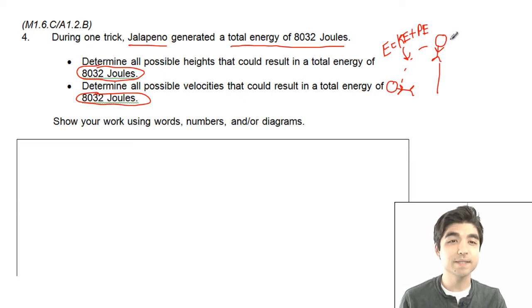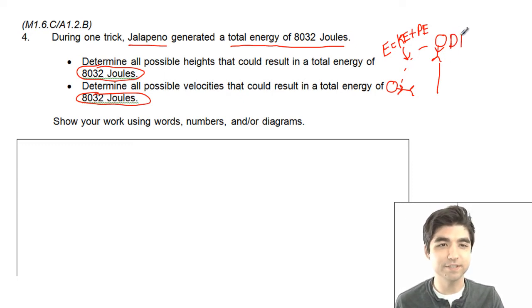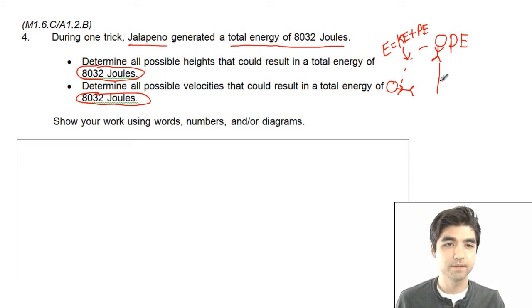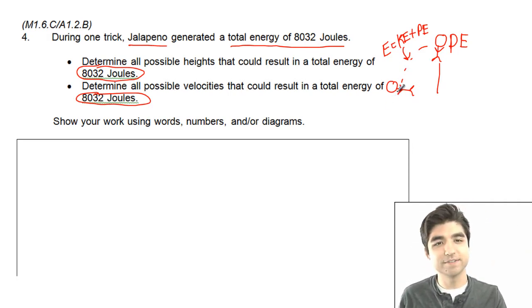When he's at the top of the buckle, this is all potential energy. When he's at the bottom, on the ground, this is all kinetic energy.